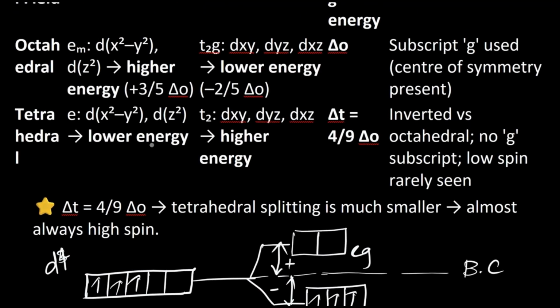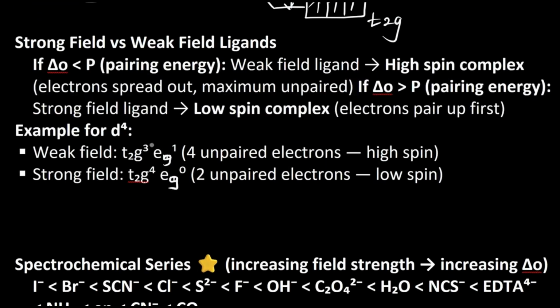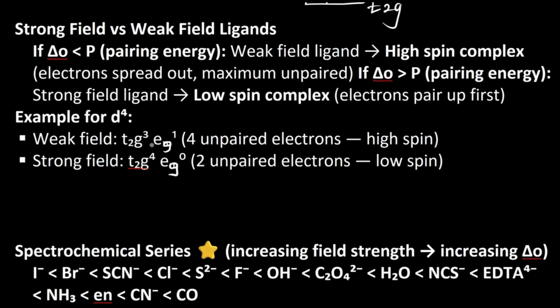Here you see I have this upper level and lower level, used to find the CFSE value, and that CFSE value comes along with the delta octahedral, with 0.6 and 0.4 values. If the delta octahedral value is less than the pairing energy, then with a weak field ligand, that is a high spin complex. And if it is more than the pairing energy, then that will become a low spin complex. Okay.